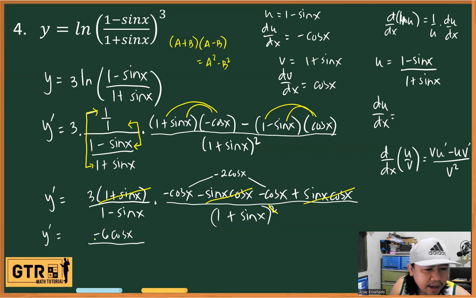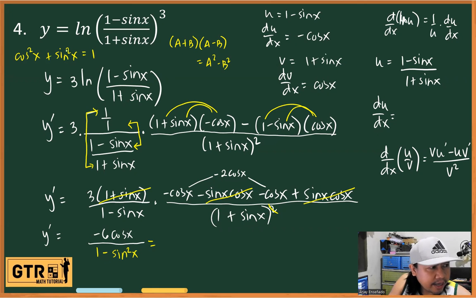Okay, so therefore the denominator will become 1 squared minus sine x squared. So that is 1 minus sine squared x. Then we can simplify 1 minus sine squared x. So we have an identity for this. The identity that we are going to use is cosine squared x plus sine squared x equal to 1.